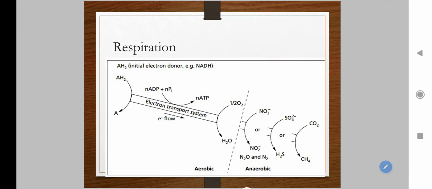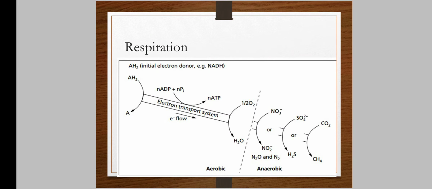But for the anaerobic ones, you have a different molecule as the final electron acceptor. But again, the system is very, very similar. In the case of nitrogen fixation, you have NO3 as the final electron acceptor. You have the sulfates for sulfur bacteria, and even for methane bacteria, or methanogenic bacteria, carbon dioxide is the final acceptor, and they produce methane.